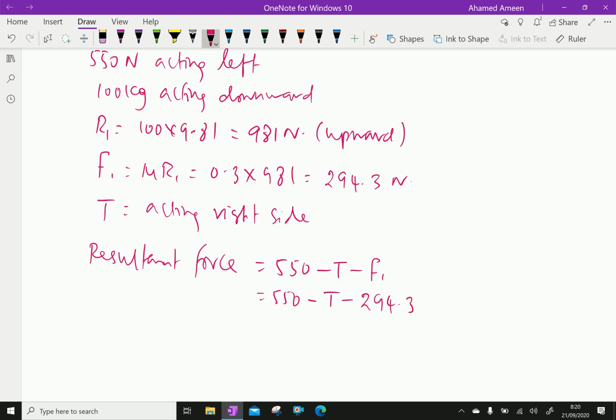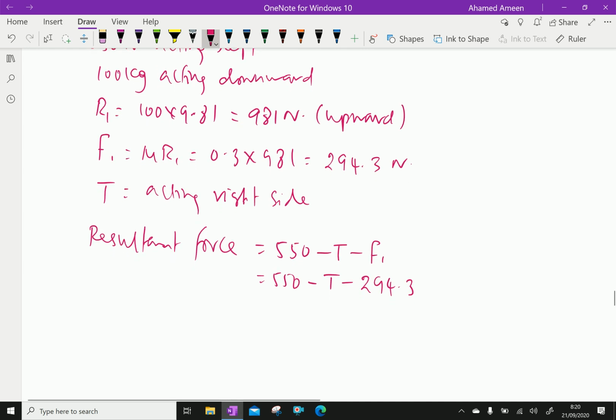That is equal to 550 minus 294.3, which equals 255.7 minus T. That is the resultant force.